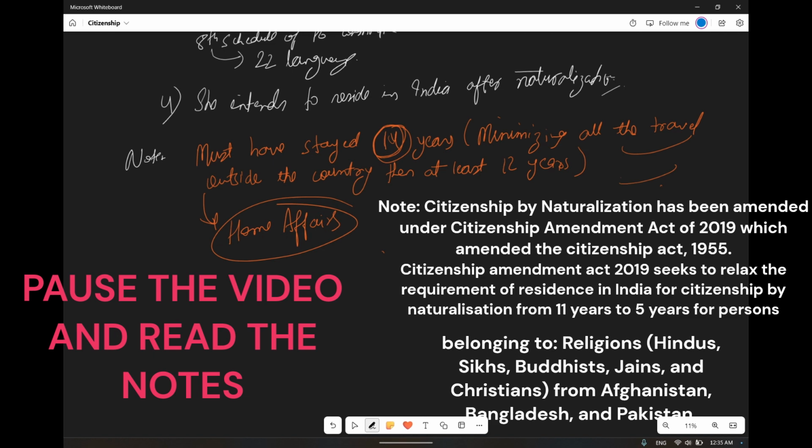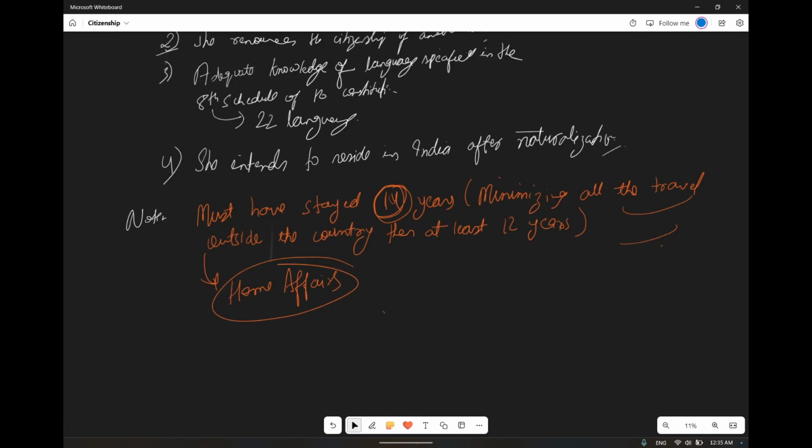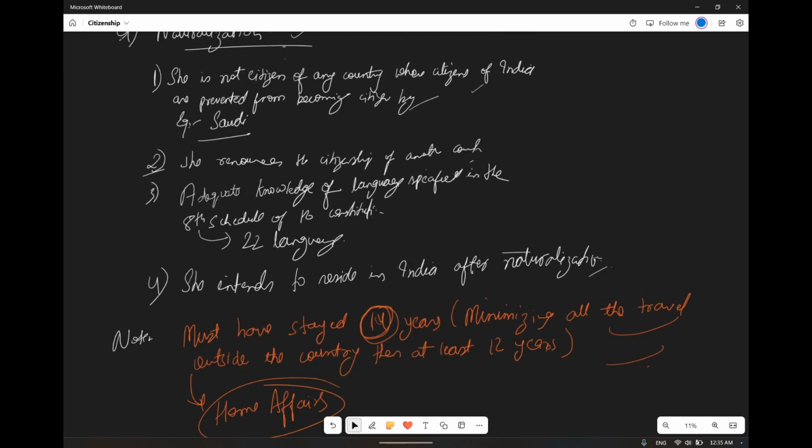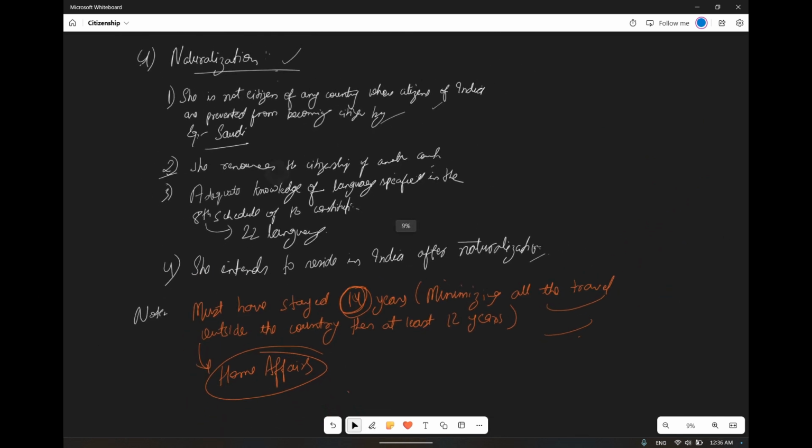Let us suppose a person does not satisfy the 14 years or 12 years condition, and has only 10 or 11 years. The central government has the power to waive any or even all of the conditions.